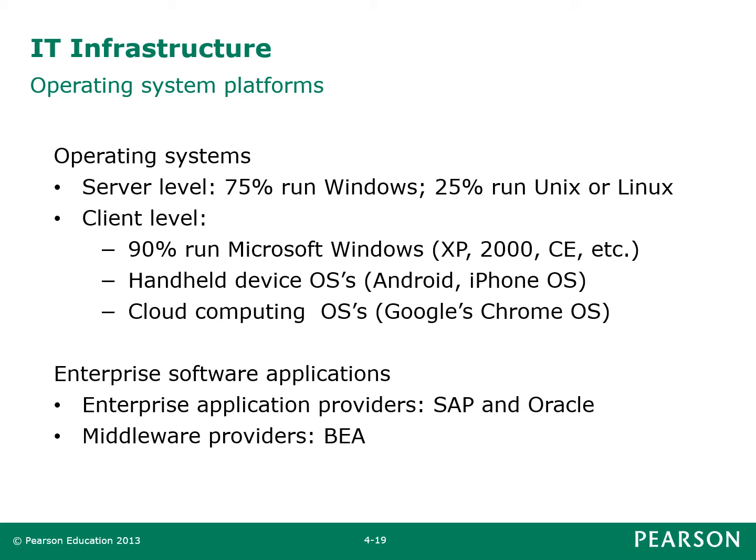So, coming now to operating systems. Operating systems in the market are now restricted to just a few vendors. We have Windows. About 75% of all running operating systems are based on the Windows platform, and the rest, about 25%, run Unix or Linux.